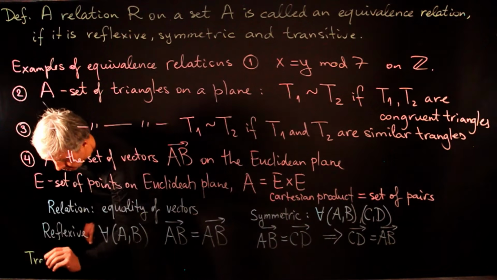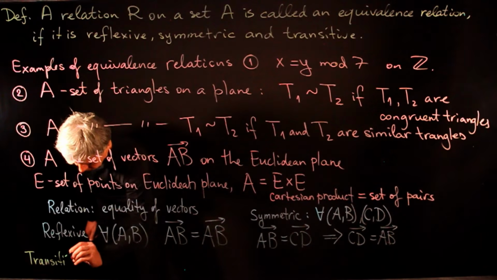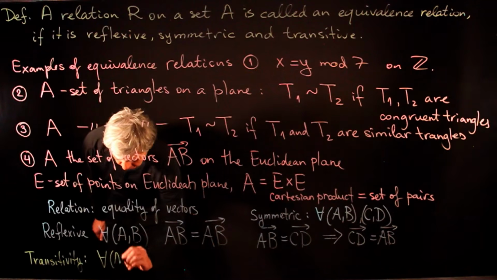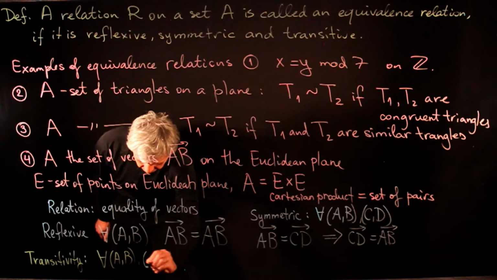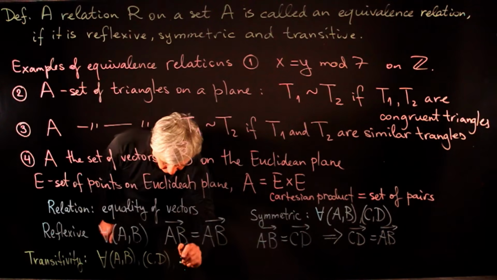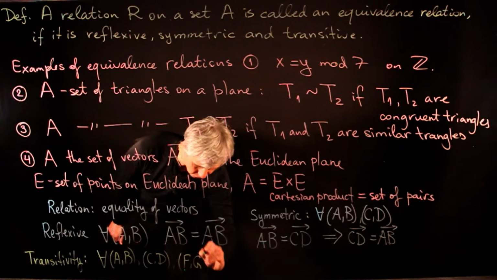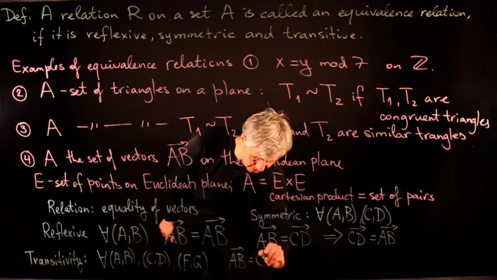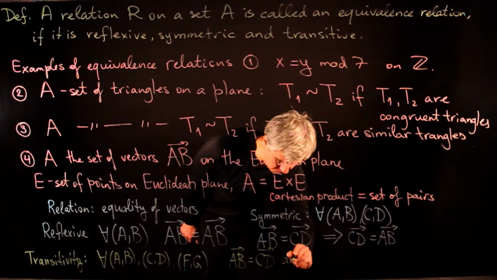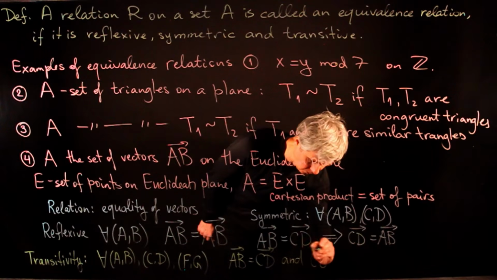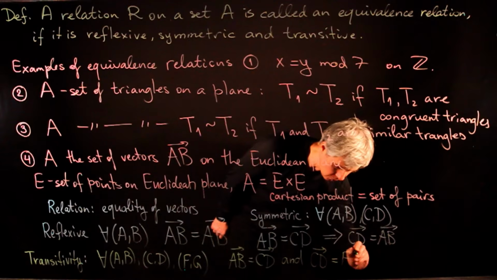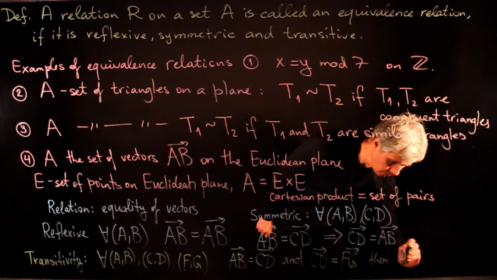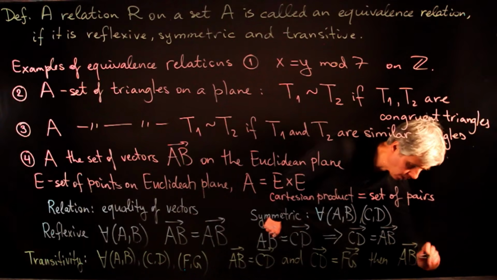And we have transitivity, which says that for all AB, CD, and FG, if AB is equal to CD and CD is equal to the vector FG, then the vector AB is equal to the vector FG.